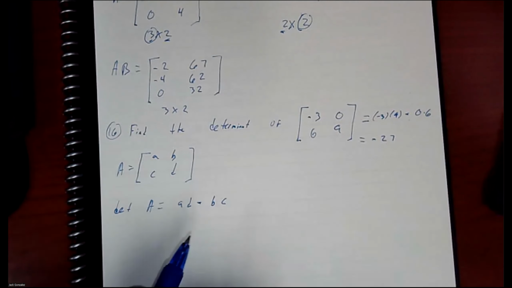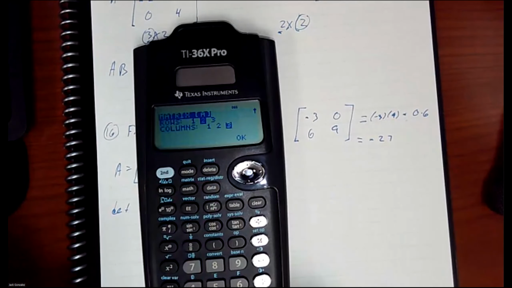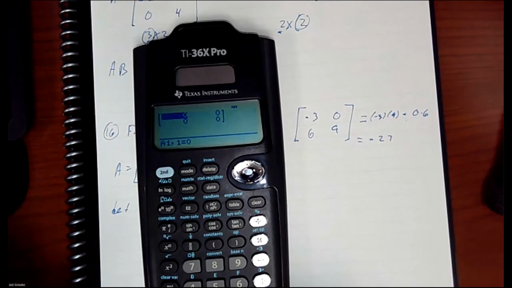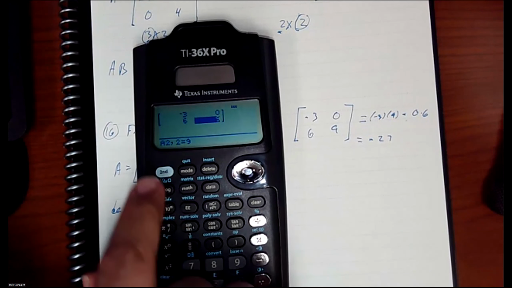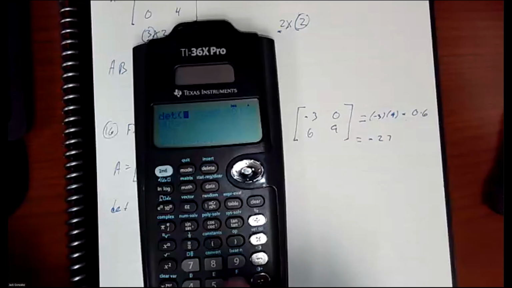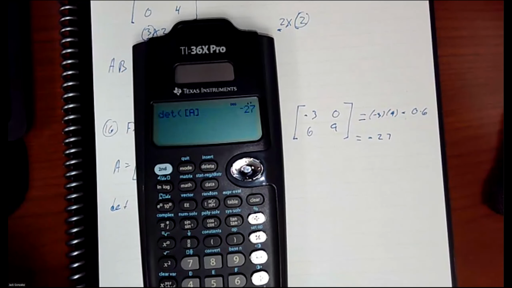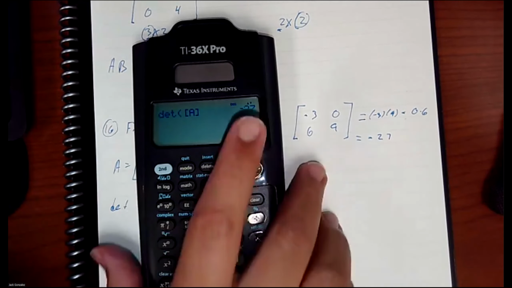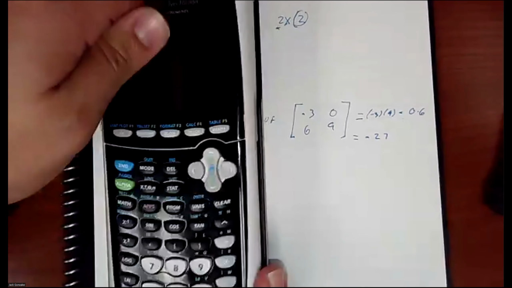So if you want to do it on this calculator, just punch in the 2 by 2. So negative 3, 0, 6, 9. Determinant of A. Pretty much same thing here, right?